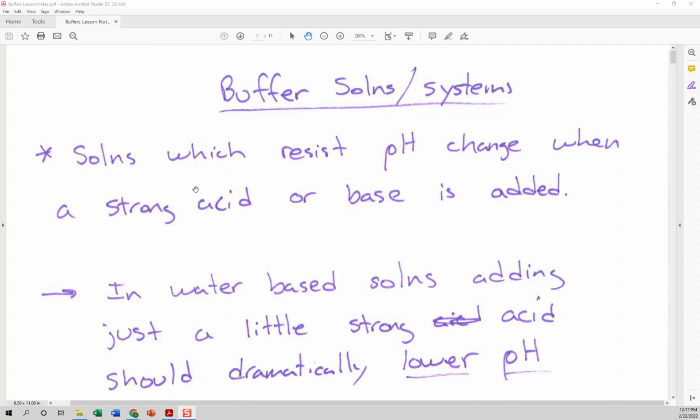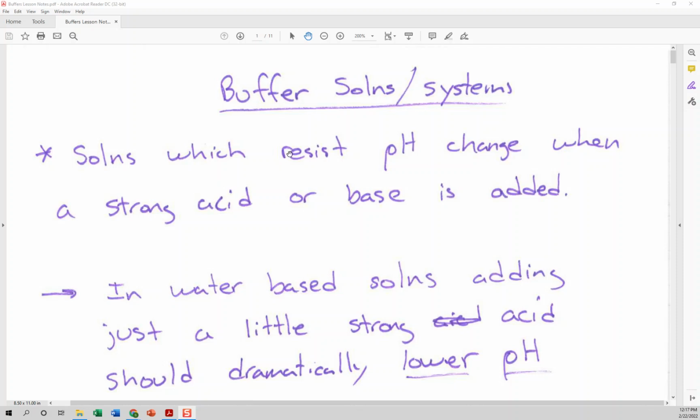But a buffered solution somehow, and that's what we're going to talk about today, resists the change in pH. If I add H+, the buffer solution can take the H+ out and replace it with something else. Again, it's a solution that resists pH change.